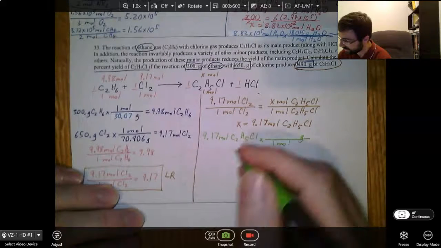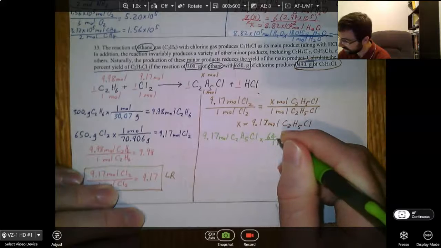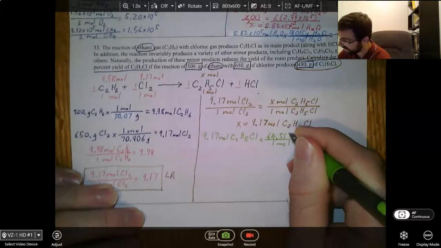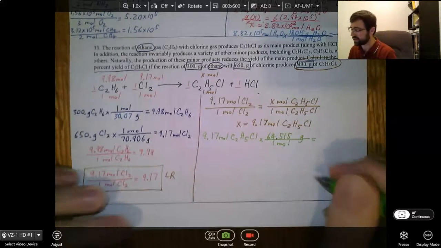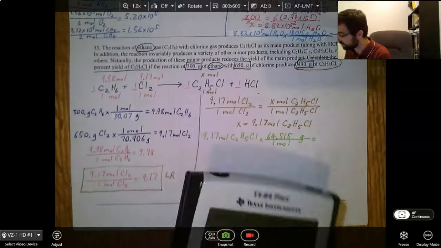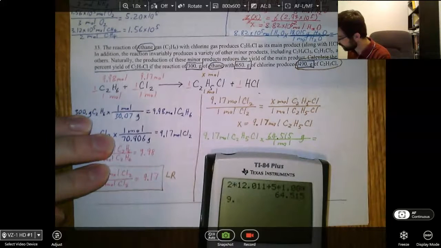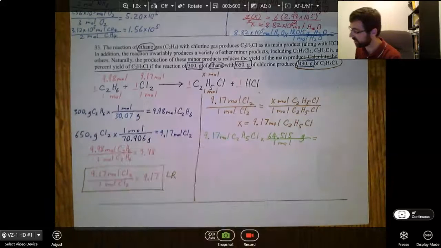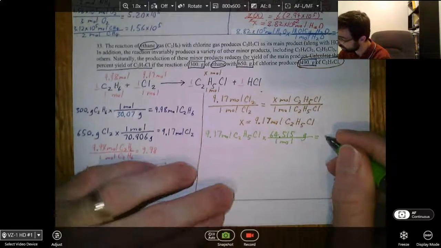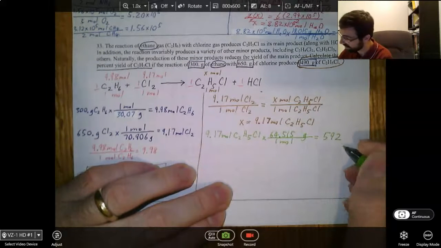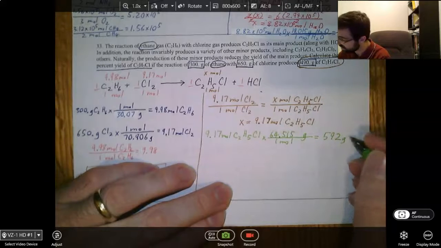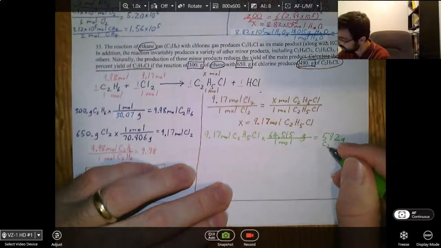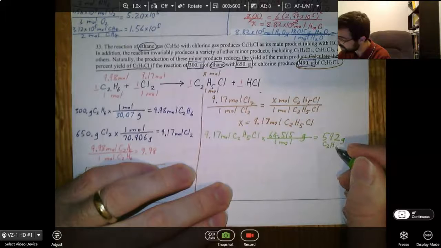I get 64.515, and if I punch that in the calculator, 9.17 times 64.515 divided by 1, I get 591.682.6, so that rounds to 592 grams of C2H5Cl.